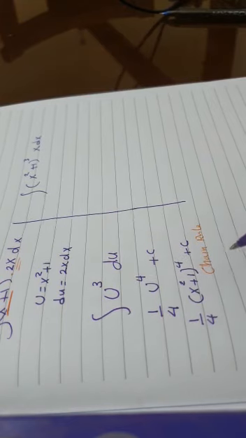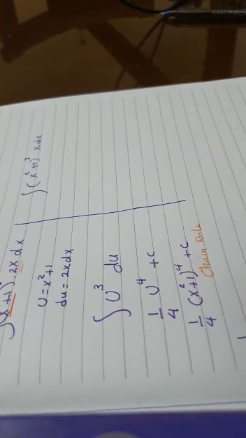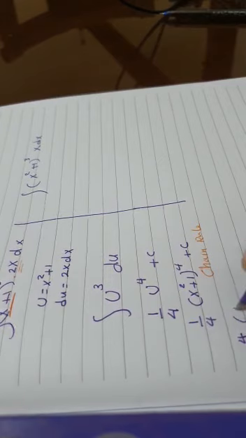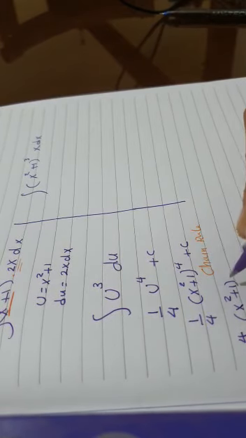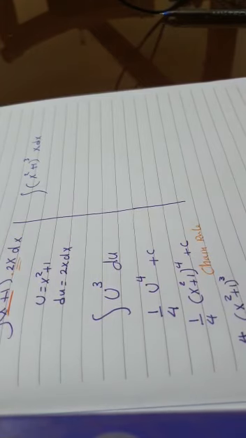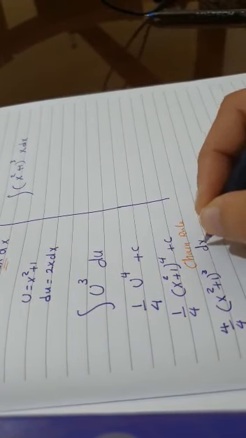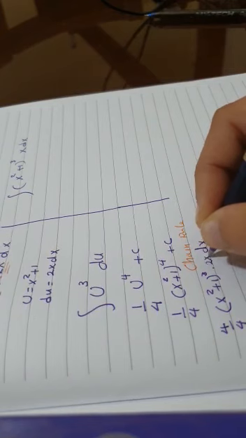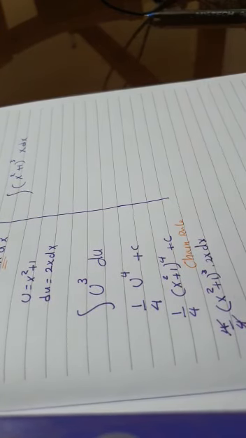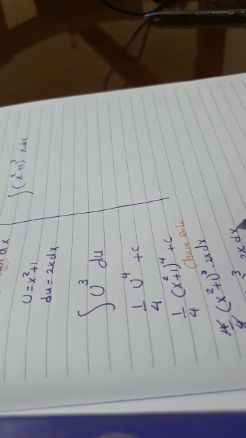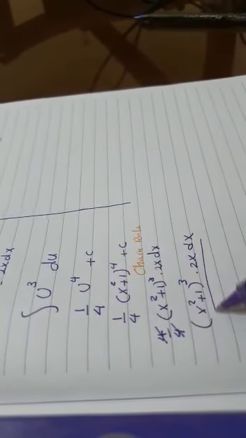So we use the chain rule to differentiate this: 1/4 as it is, the power 4 times the power, which is 4, x squared plus 1 with the power decreased by 1, which is 3, and the derivative of c is of course 0, times the derivative of inside, which is 2x. 4 with 4, so we get (x squared plus 1) cubed times 2x dx, and this is the derivative of the function which we integrated here.